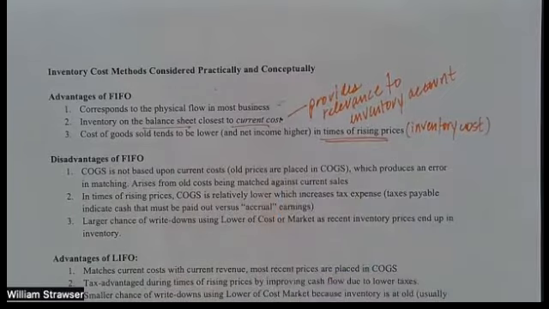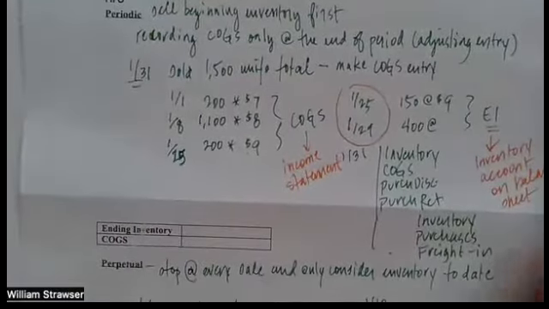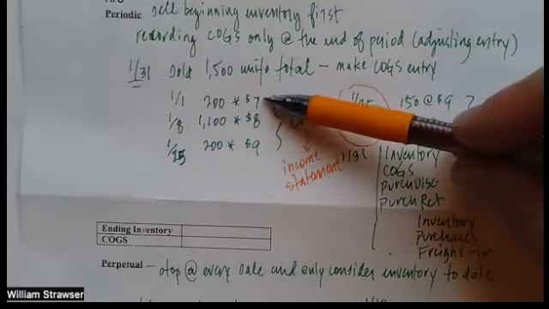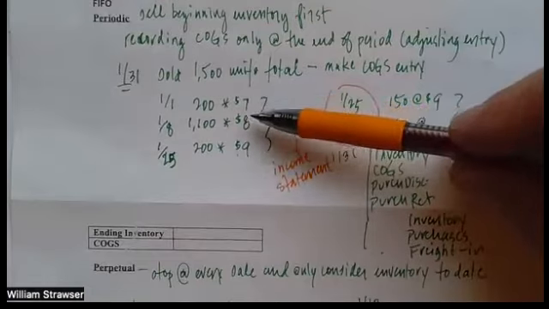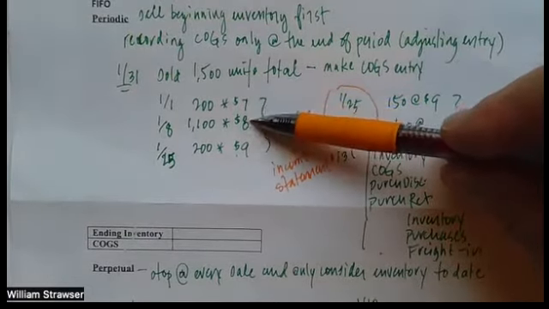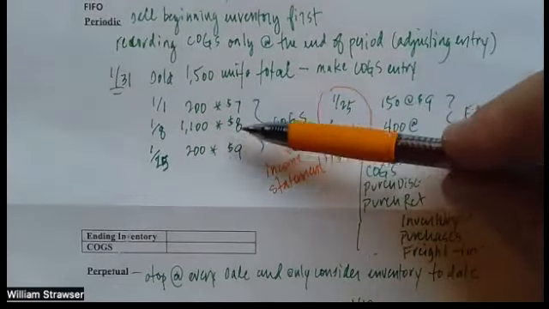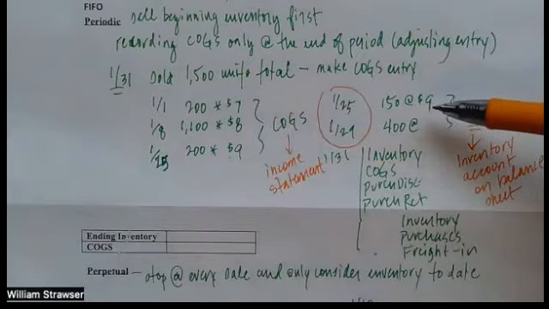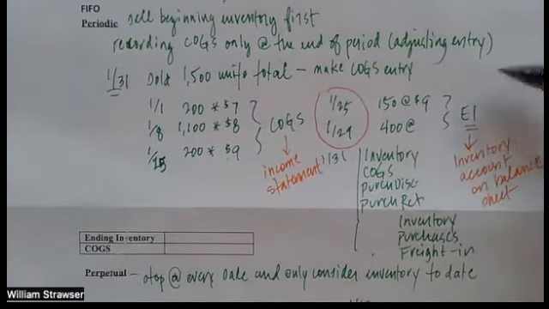Well, why is that the case? Because if prices are rising over time, then I'm ascribing the older purchases, the beginning inventory, to cost of goods sold. So it's at relatively lower dollar values than the prices of the inventory that is still on my books, right?